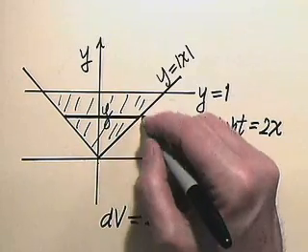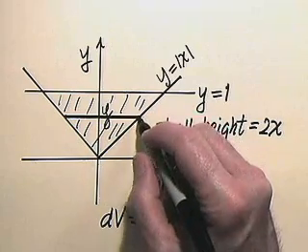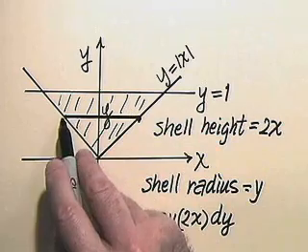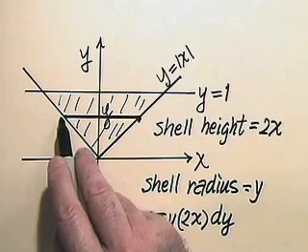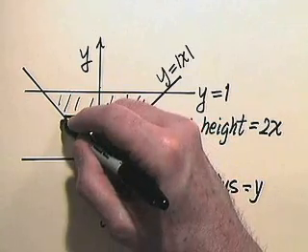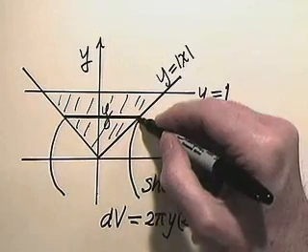Well, notice this point right here has coordinates x and y the same. So this is (y, y), and this point back here is (y, negative y), and we're revolving around the x-axis, so our cylinder looks like this.